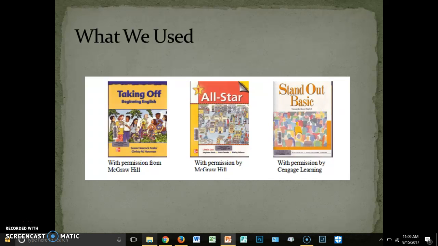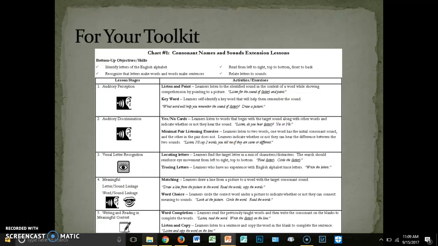What we did was to each take a unit and then find a common consonant that came up frequently in that particular unit. And then we used this chart of strategies, which is in D2L for you, and developed lessons and activities to work with the bottom processor, auditory perception, moving up into the higher processing of writing and reading in meaningful context.